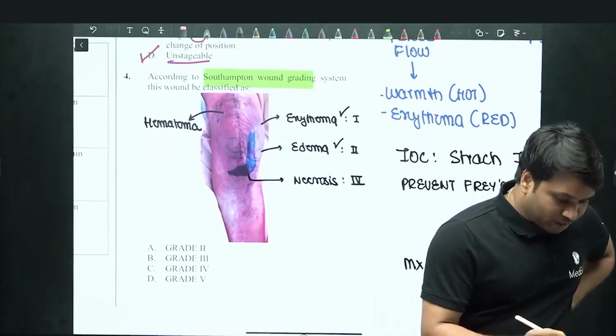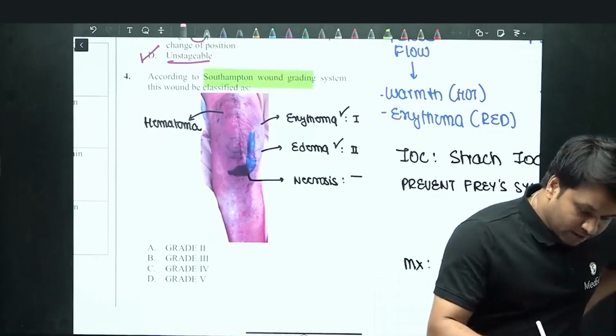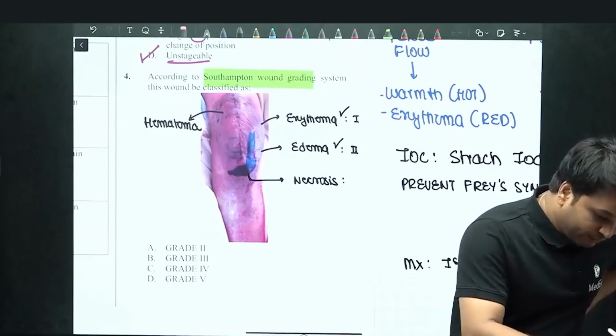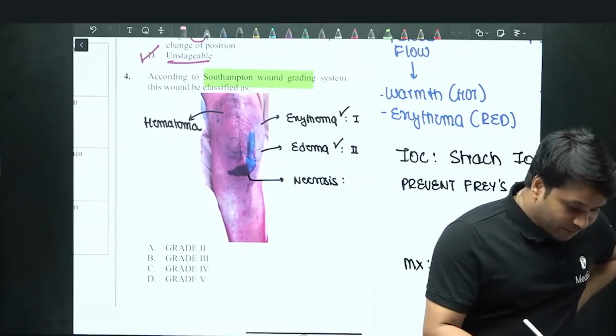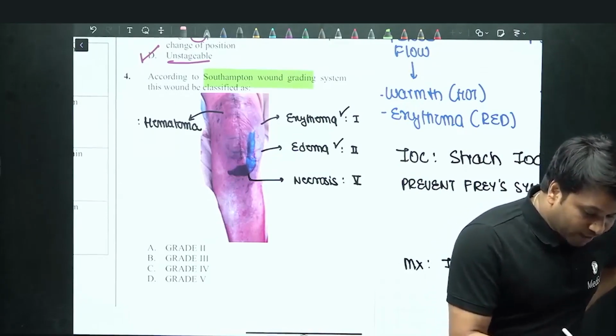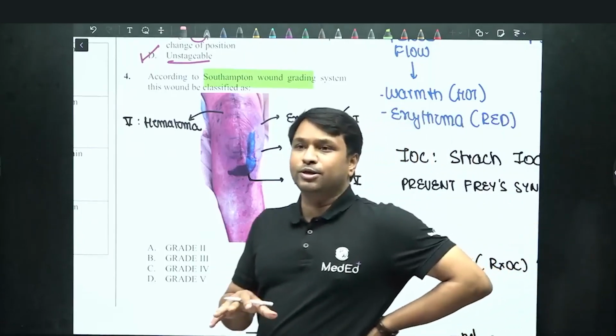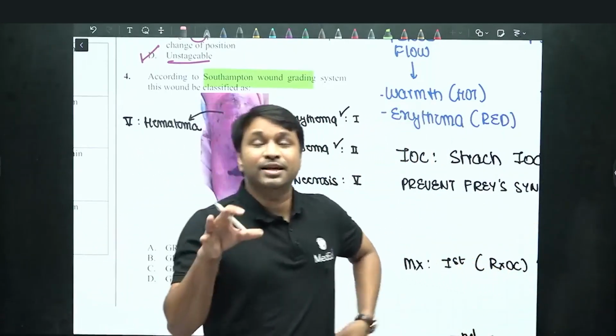What is grade 4, guys? Grade 4 is pyogenic discharge. Presence of tissue necrosis is grade 5. Hematoma requiring aspiration also becomes grade 5. So when you have multiple components pointing towards it, you need to find which is the highest one.